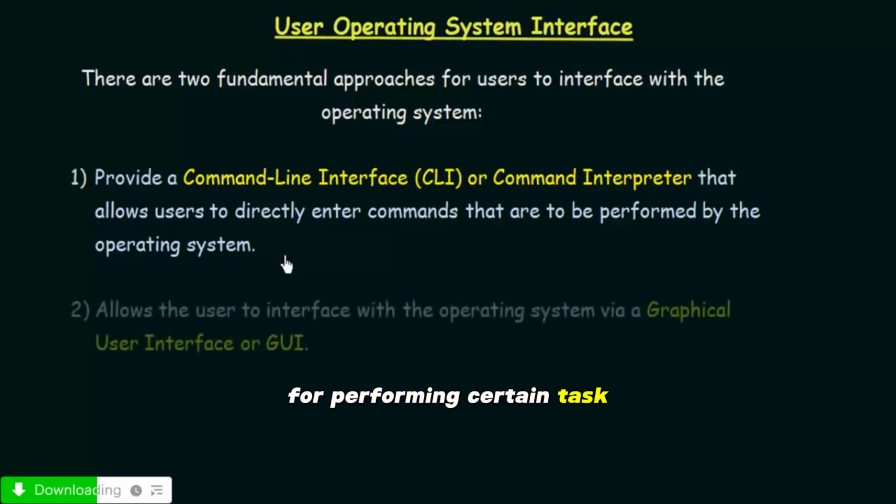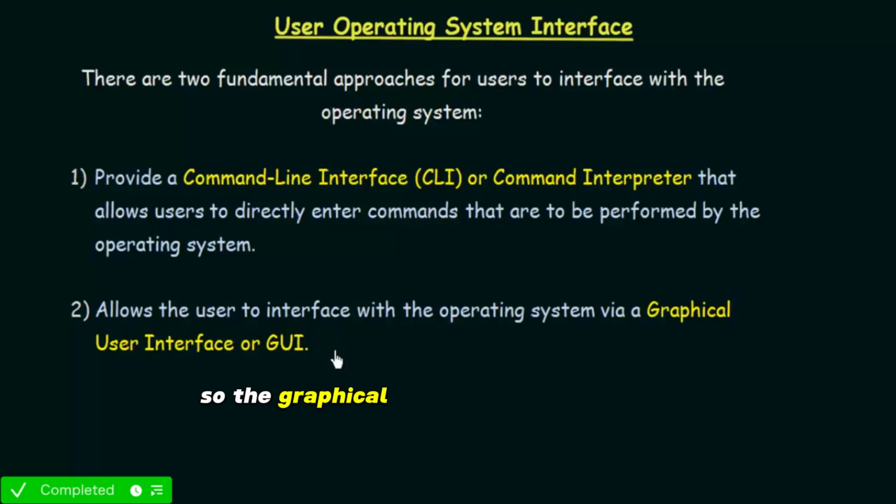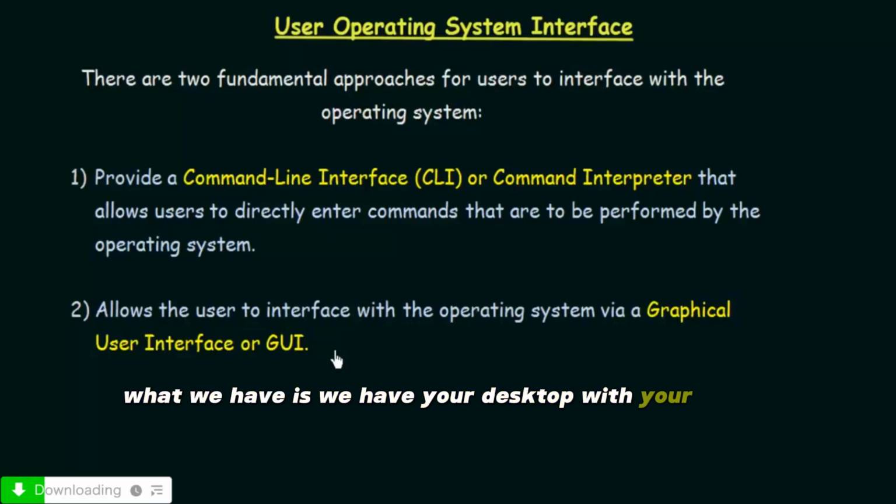The second approach is to allow the user to interface with the operating system via a graphical user interface, or GUI. The graphical user interface is the most commonly used, as well as the most user-friendly kind of user interface, which you usually use in your day-to-day life. In a GUI, we have your desktop with your menus.